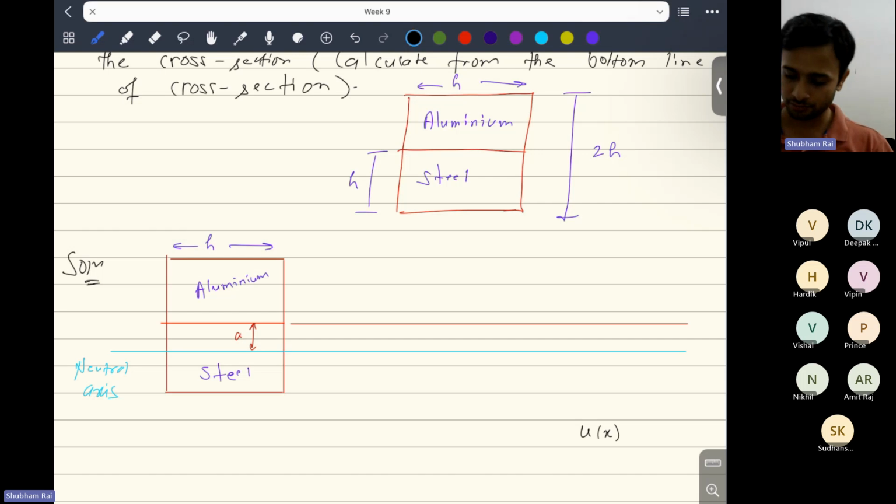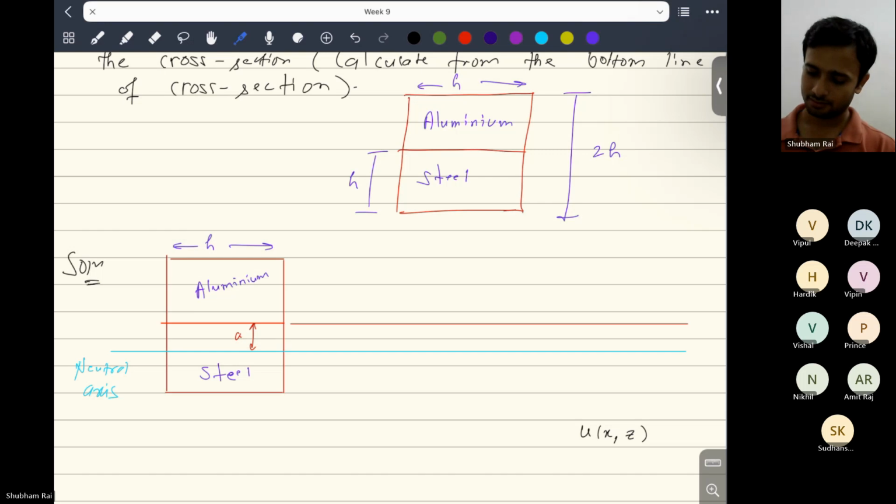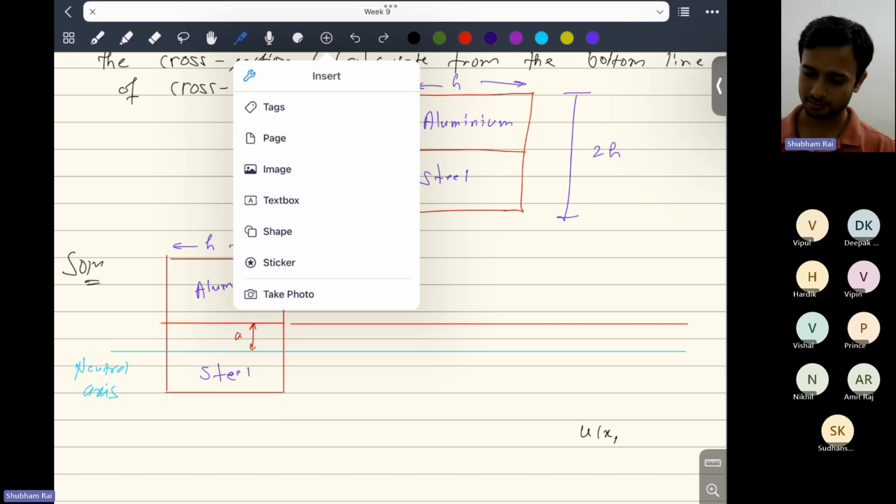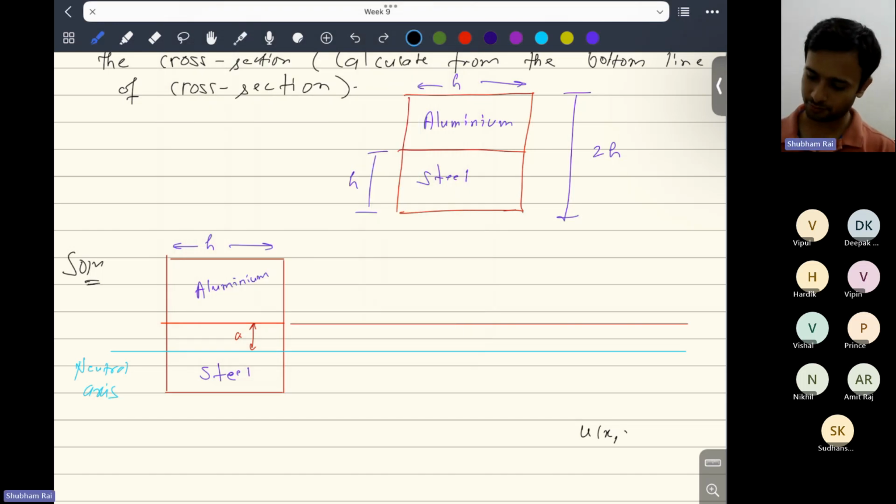So U will be a function of X, obviously, and it will also be a function of Y. Let me be consistent with the coordinate system: Y is across the thickness of the beam, and X is along the length of the beam.